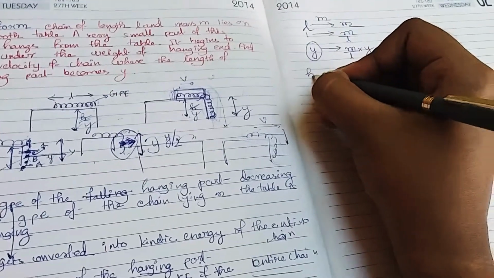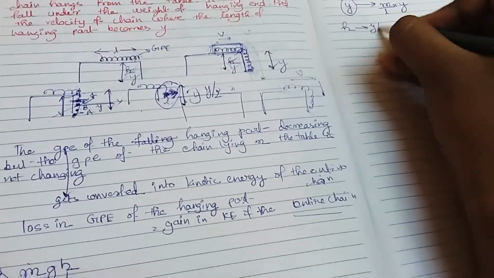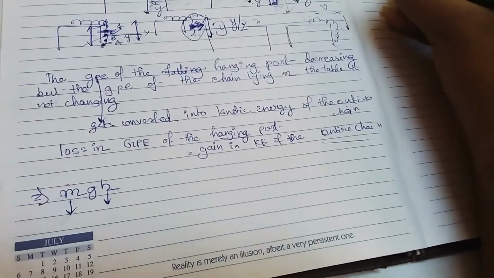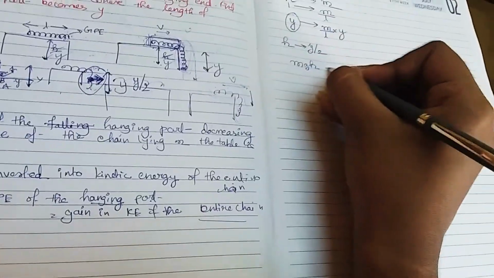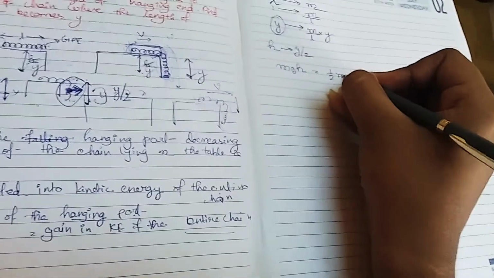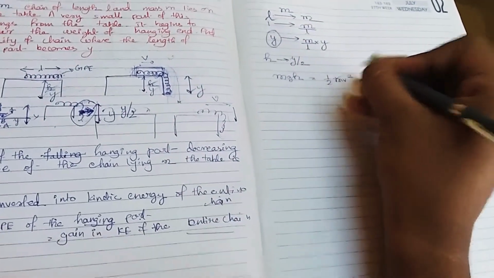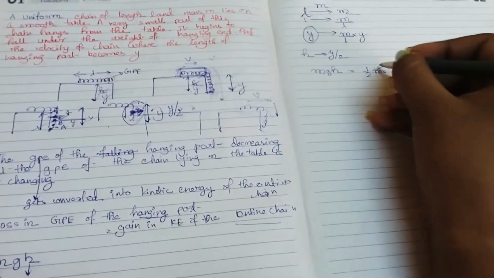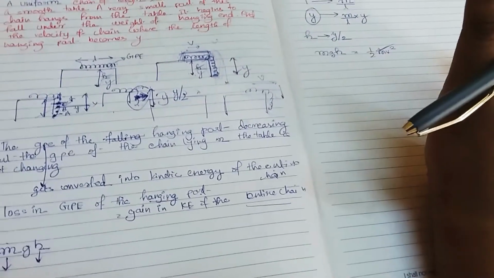Now h, the height by which it is undergoing a change, is y by 2, as I explained. Now m g h equals half m v square, that is the gain in kinetic energy. The mass here will remain the same, because the entire chain is undergoing a change in kinetic energy.